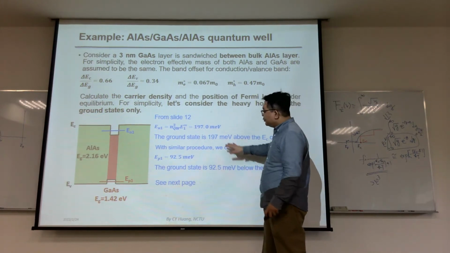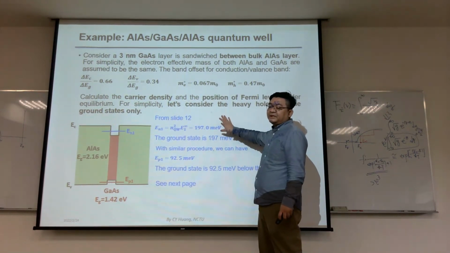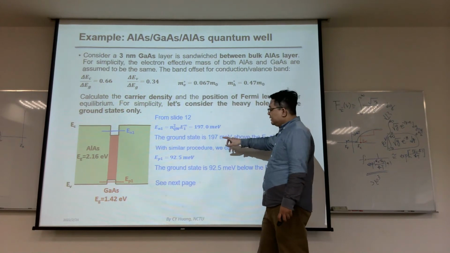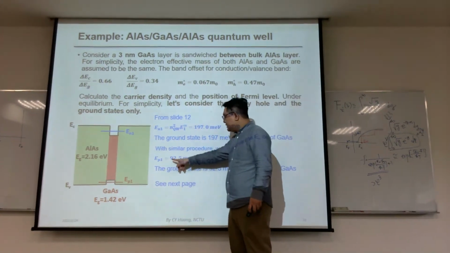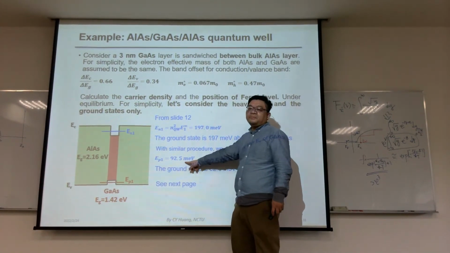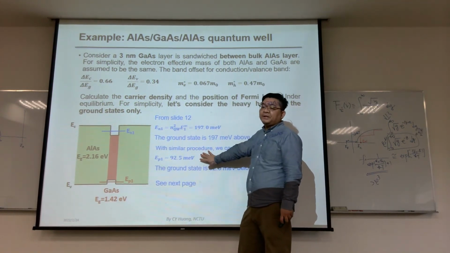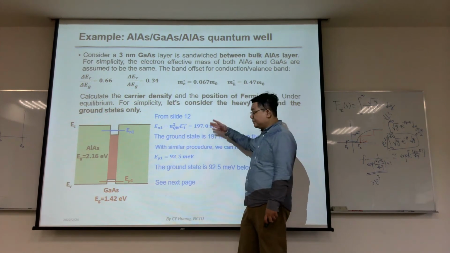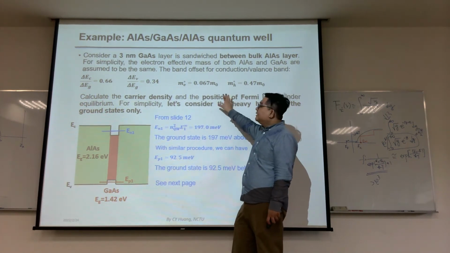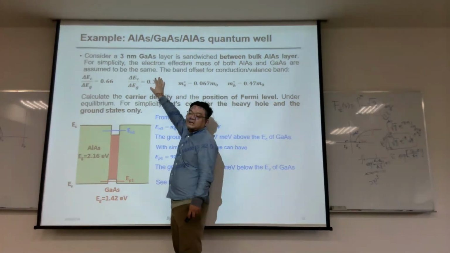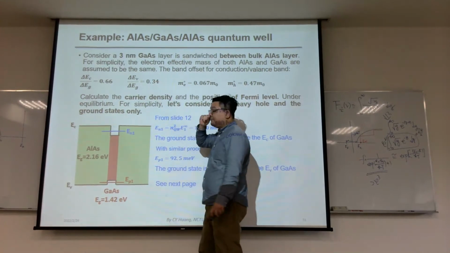And if you repeat the same procedure with a different effective mass, you have EP1 as 92.5 meV. You can try that by yourself. The procedure is totally the same, just with a different depth and a different effective mass.